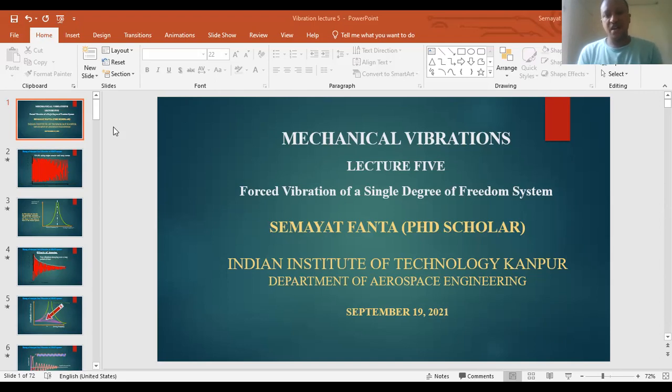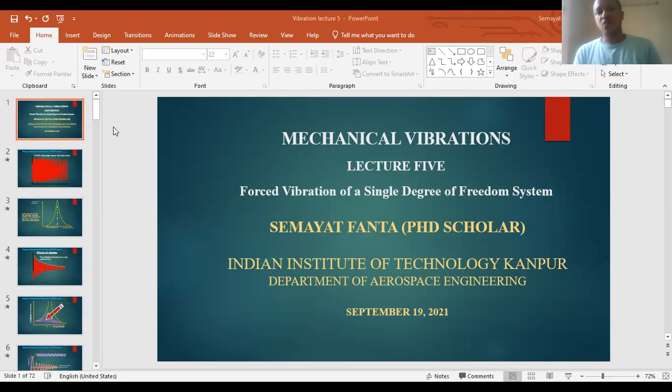One is the underdamped condition, in which zeta is less than 1. Critically damped condition, for which zeta is equal to 1, and overdamped condition, in which the value of zeta is greater than 1. The conditions in every underdamped, critically damped, and overdamped case were clearly defined in the previous lectures.